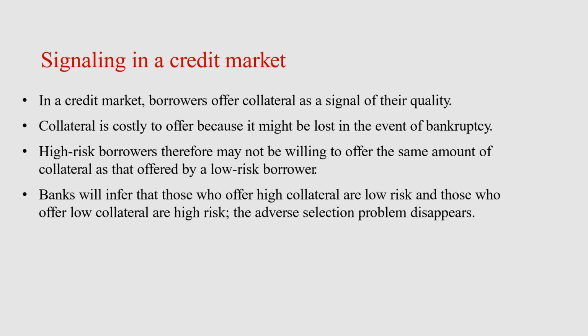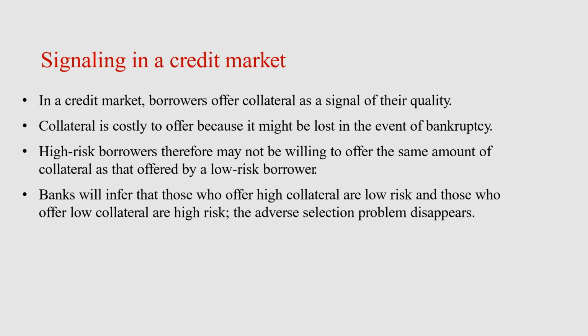Or they take a loan at a higher rate, but that comes with a lower down payment. So banks will infer that those who offer high collateral are low risk and those who offer low collateral are high risk.